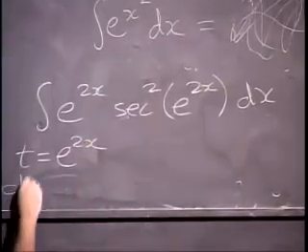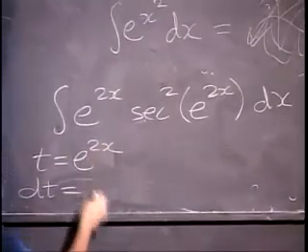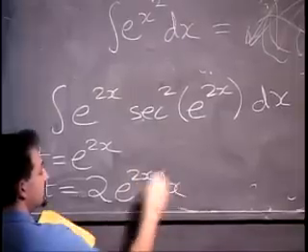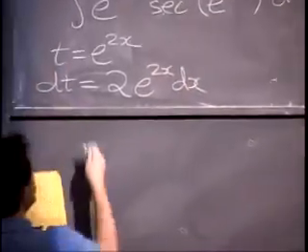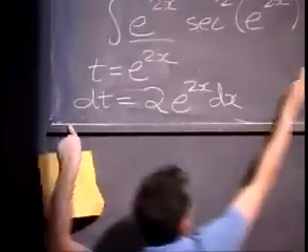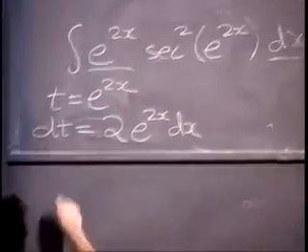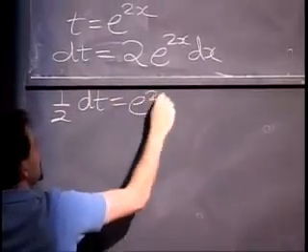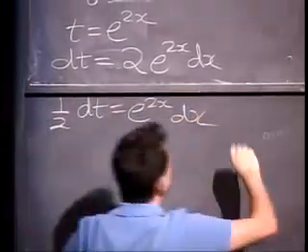So dt, I need the derivative. The derivative of e to the 2x is 2 e to the 2x dx. So if I divide by 2, and the reason I do that is because I just have e to the 2x dx, not twice it. It's the same sort of trick. I get 1/2 dt is e to the 2x dx.